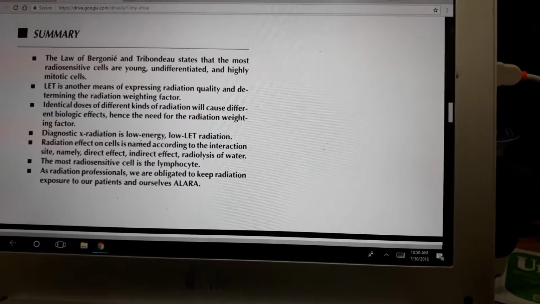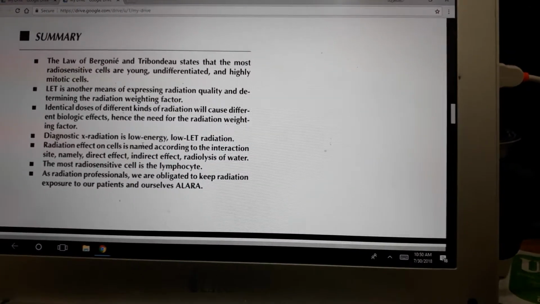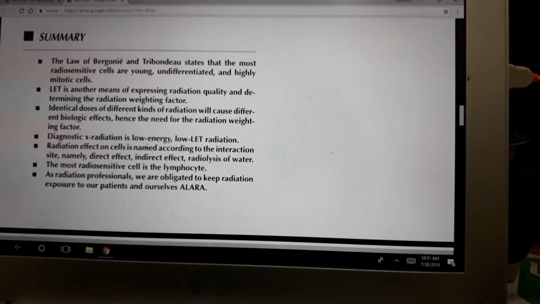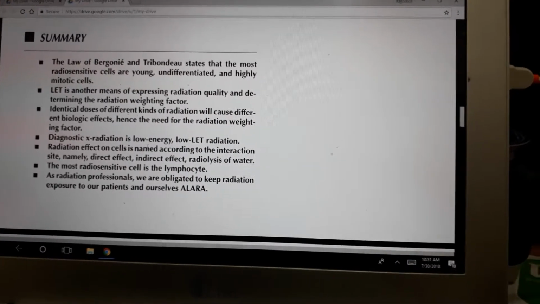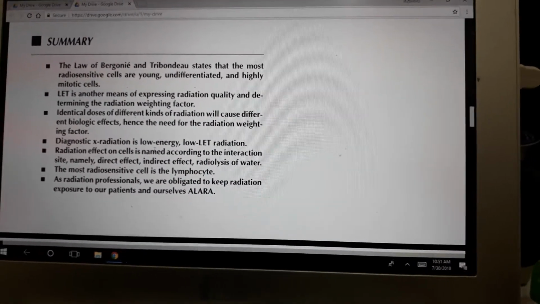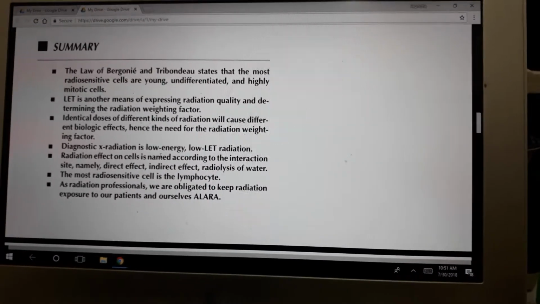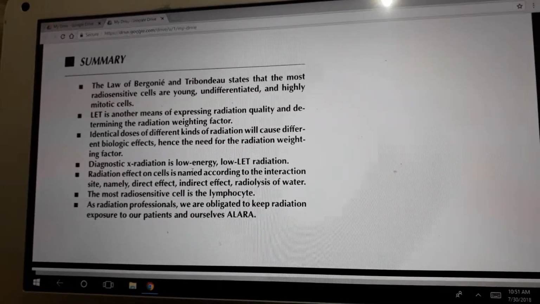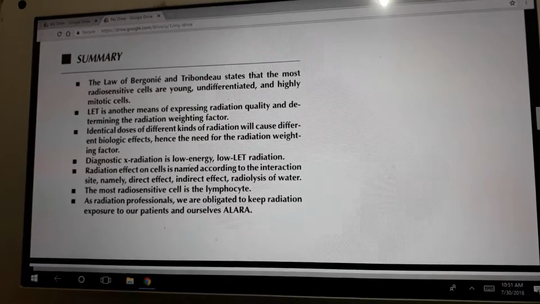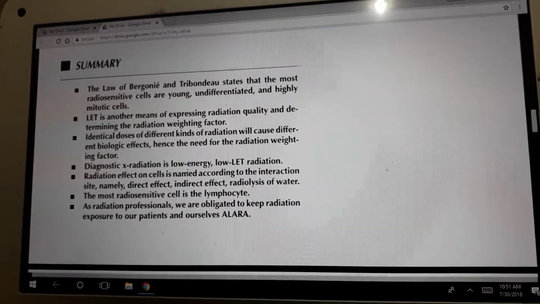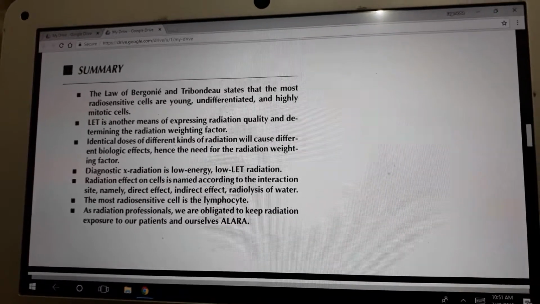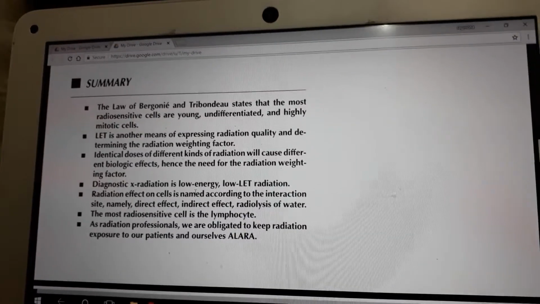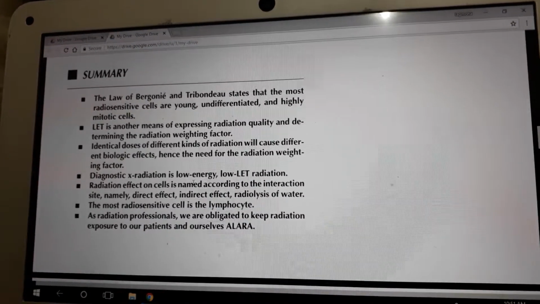LET is another means of expressing radiation quality and determines the radiation weighting factor. Different kinds of radiation will cause different biological effects, hence the need for the radiation weighting factor. Diagnostic radiation is low energy, low LET radiation. Radiation effect on the cell is named according to the interaction site: direct effect, indirect effect, radiolysis of water.